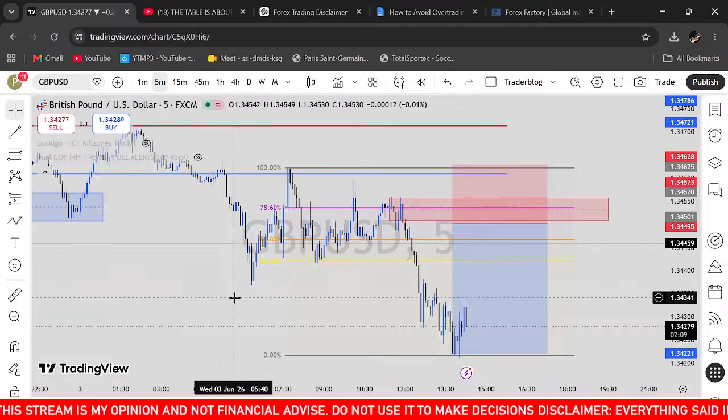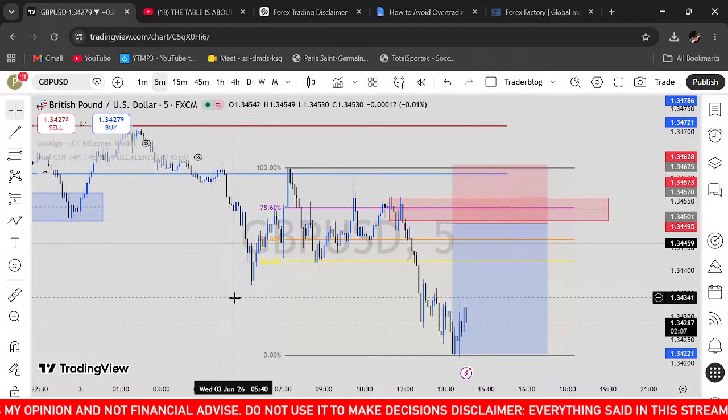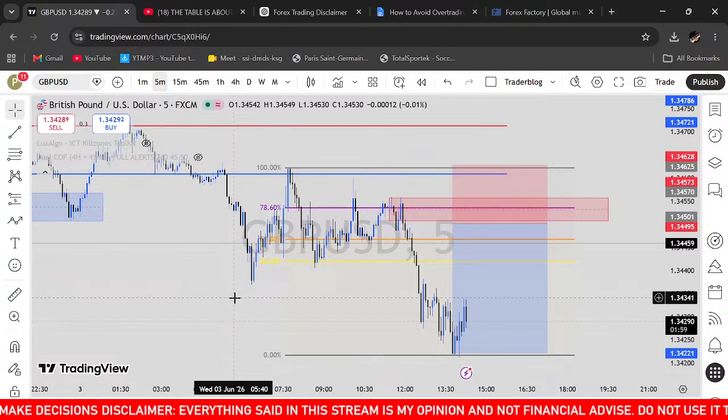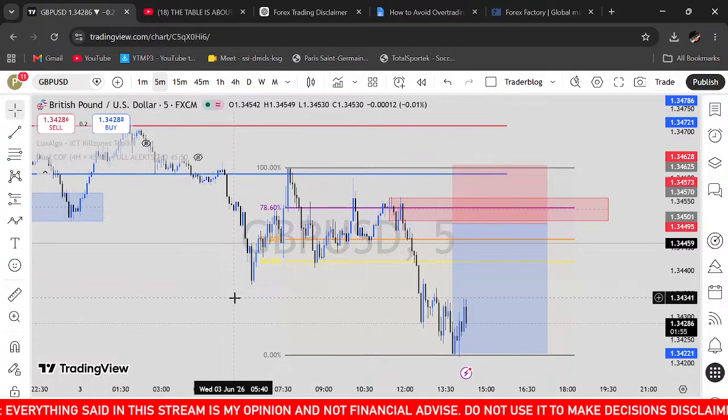Now, why am I saying this? Here is one of the ways to avoid overtrading. Today we are talking about overtrading, right? Have a daily trade limit. All the professionals, I can tell you, every professional, anybody that is taking this as a profession has a daily trade limit for this particular business.